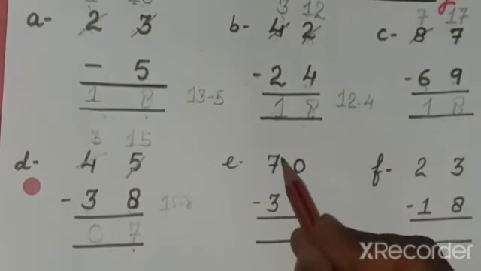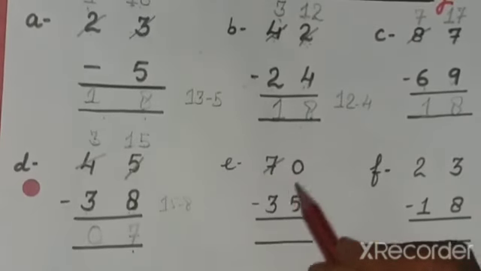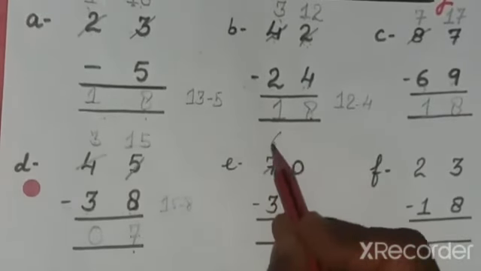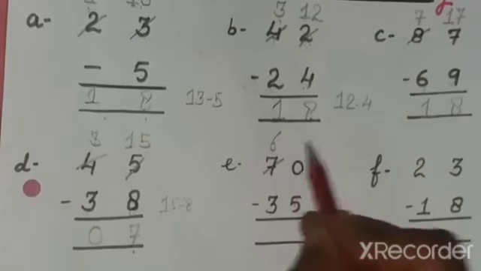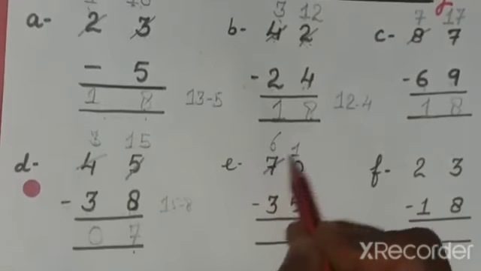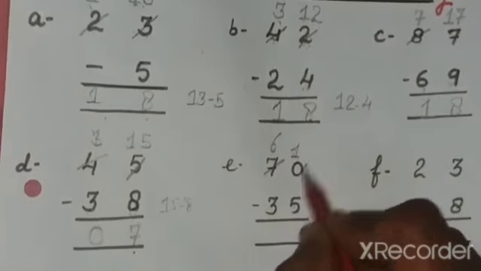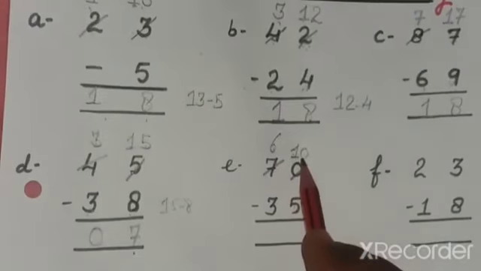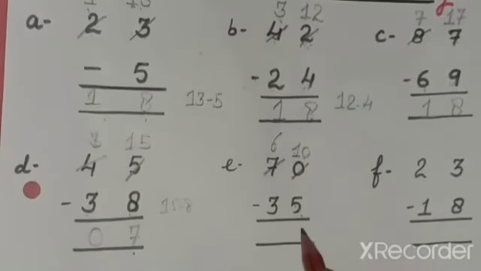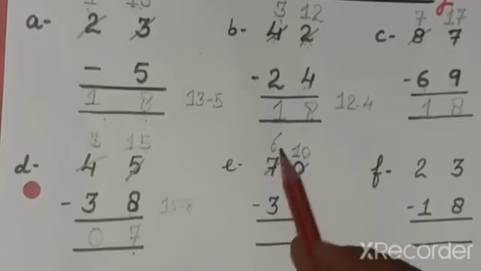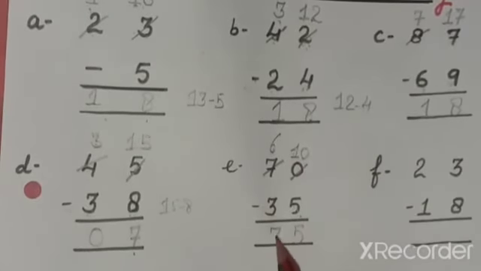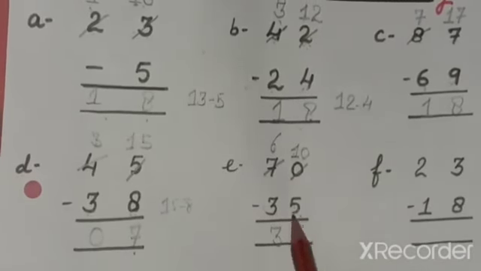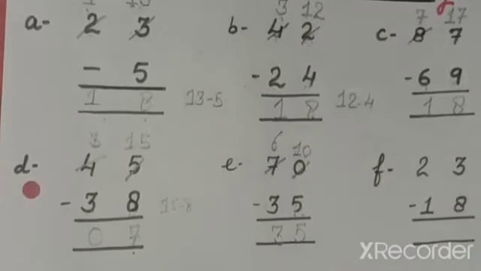Now borrow 1 from the digit in the tens place, cross it out and replace it with 6, because 7 has given 1 to this place. 7 minus 1 is equal to 6, and put 0 after the 1. Now it is 10. So 10 minus 5 is equal to 5, and 6 minus 3 is equal to 3. Clear? So 70 minus 35 is equal to 35.